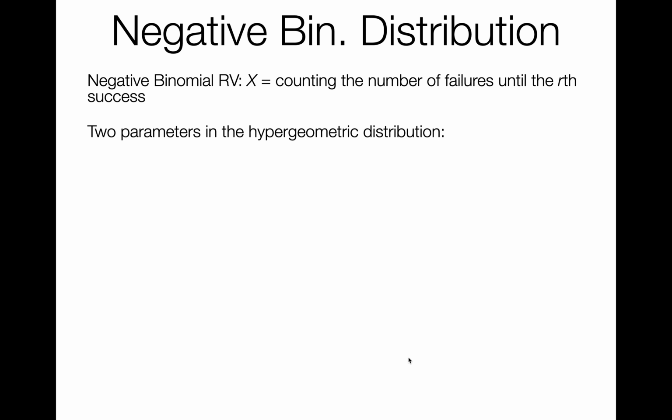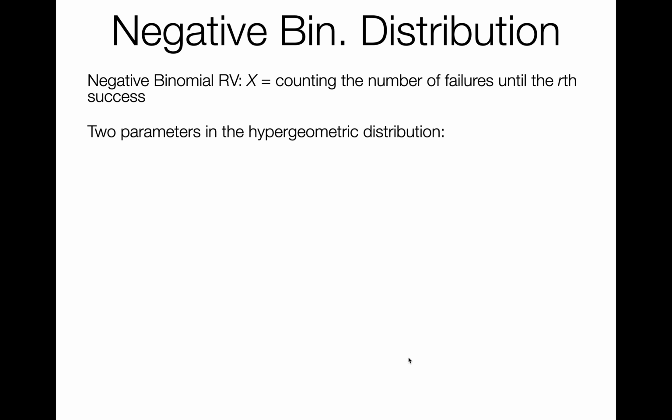So here's where I'm going to list out the actual distribution. The random variable for a negative binomial situation is going to be counting the number of failures until the rth success. Now, it's important to keep in mind, if you look this distribution up online, there are actually a couple of ways that people use this negative binomial distribution, or rather they set it up differently.